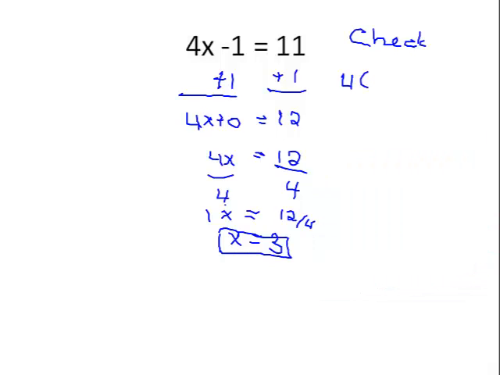So 4 times 3 minus 1 is equal to 11. Using our order of operations first, 4 times 3 is 12. Minus 1 is equal to 11, or 11 is equal to 11, which is true. Therefore, our answer, x is equal to 3, must be correct.